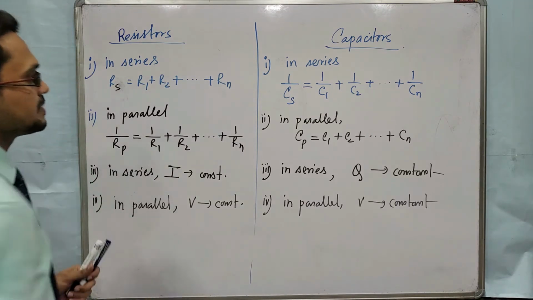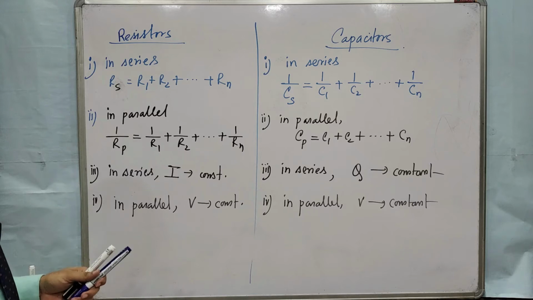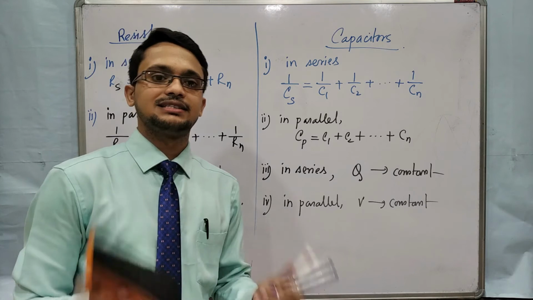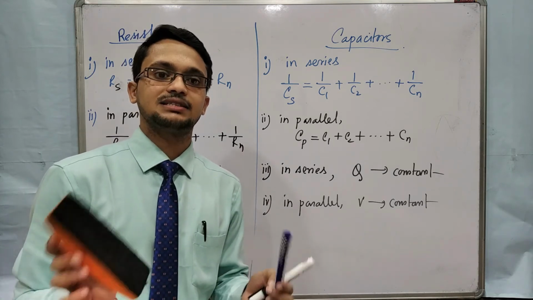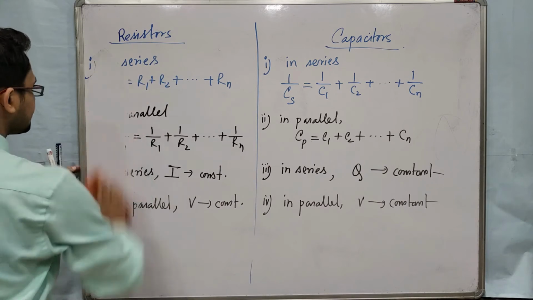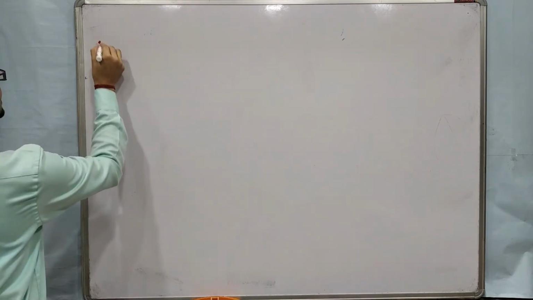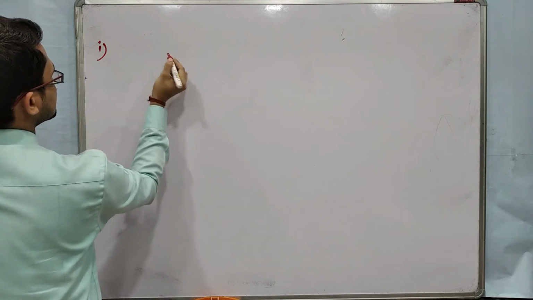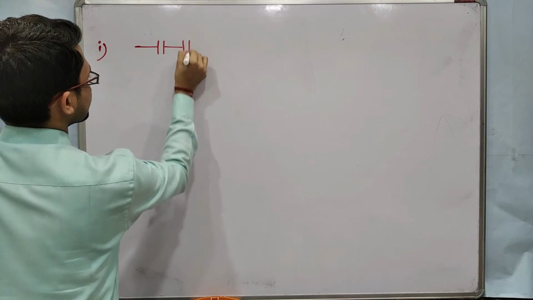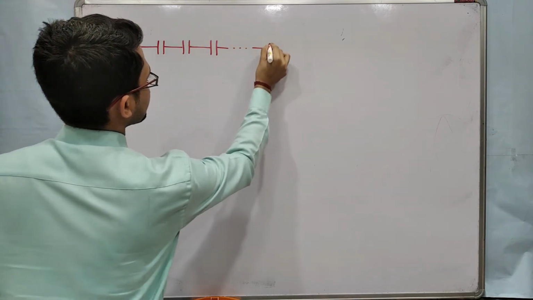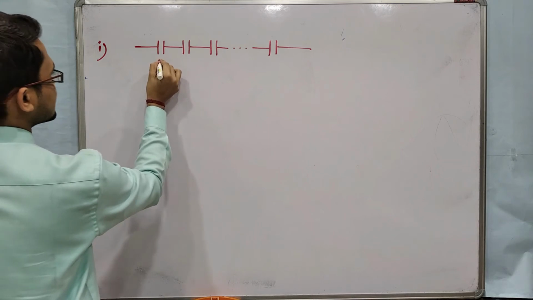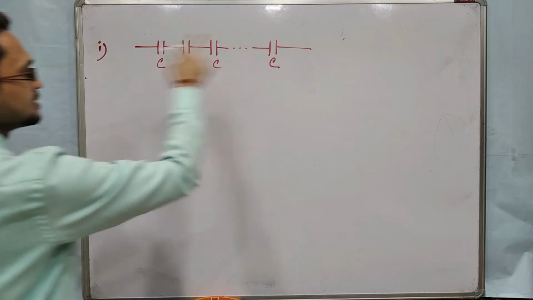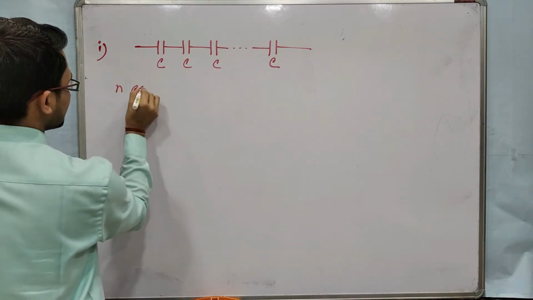Okay, now I am telling a few points related to capacitors. When n number of capacitors each have the capacitance C. So, first point, suppose this is the circuit, dot dot dot, with n capacitors having capacitance C connected in this way.